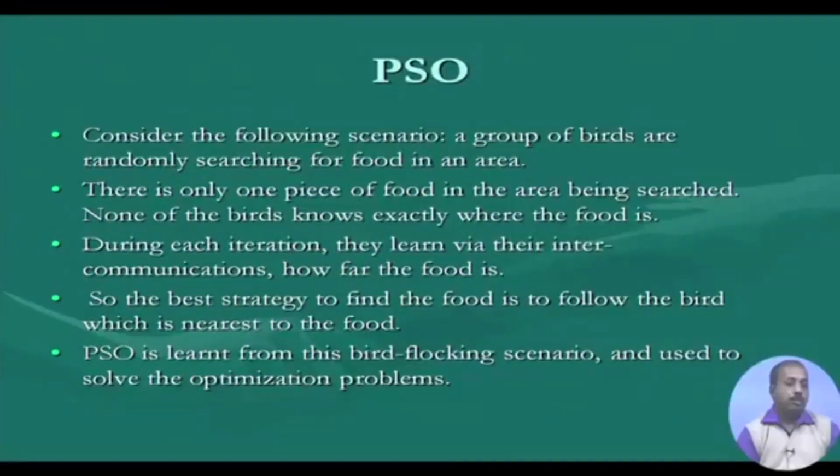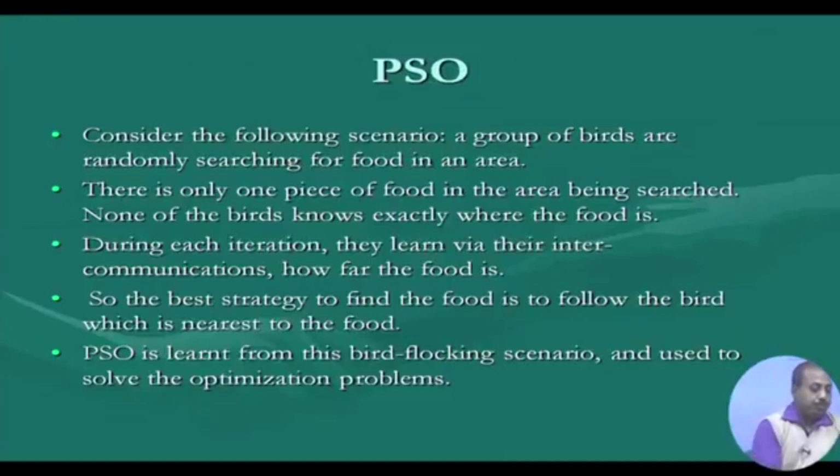It was flying in some direction, so it cannot change immediately. So, it has some inertia. These will guide the flying direction of a bird, or in our case the change in the solution.